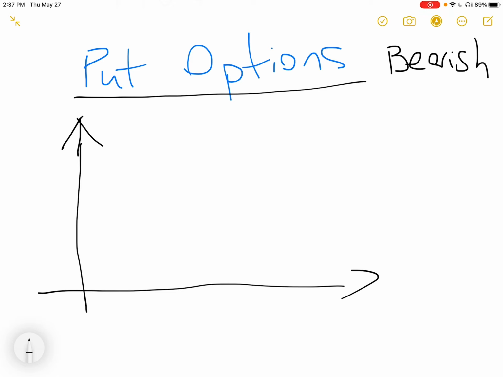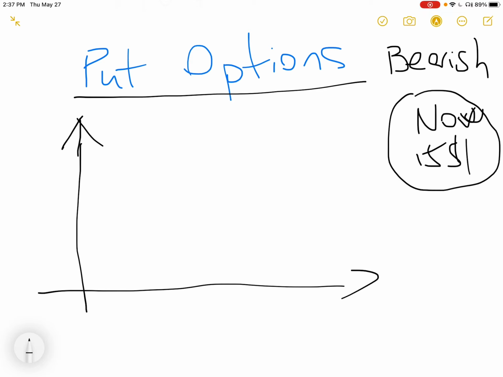Let's say the same company is trading now at $15, but right now you're bearish that the company is going to go to $10. So you buy a contract with a $15 strike price. So that's going to be here, $15. Again, you are going to be paying some premium for it.